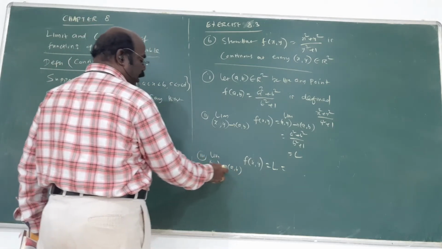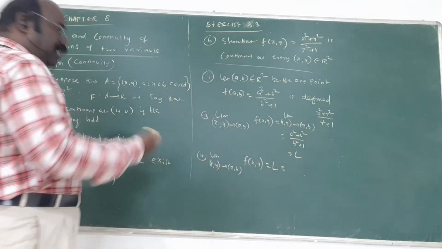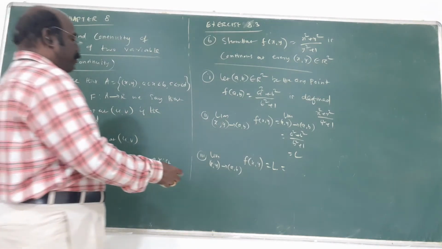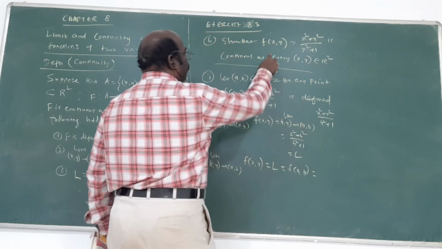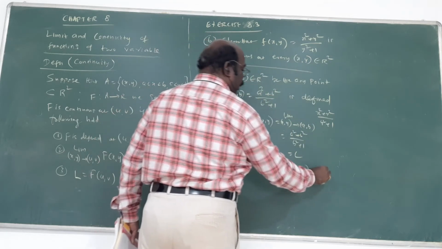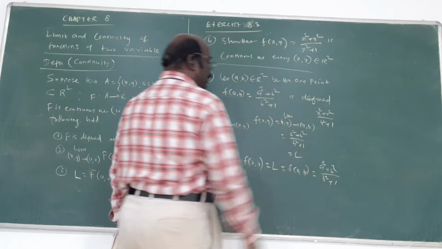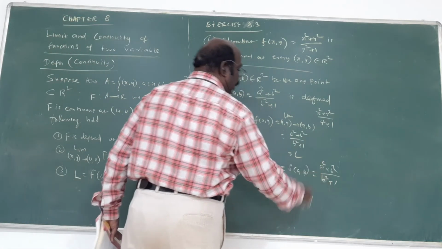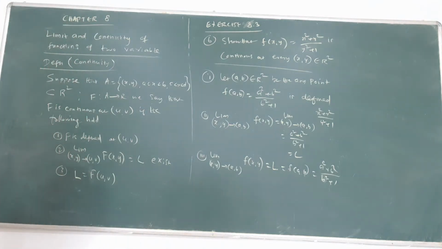Replace x by a, y by b, which is equal to f(a, b). Substitute here f(a, b). f(a, b) is what? Already found: (a square plus b square) by (b square plus 1). These three conditions are satisfied. That's why this is continuous at (x, y) belongs to R square. This is the answer.